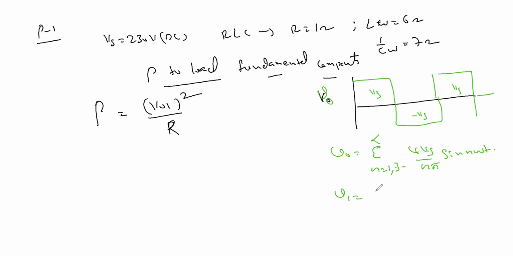This is instantaneous value, 4Vs by pi sin omega t. इसका RMS value, V01 is Vm by root 2. That's all. Get me this value: 4 Vs is 230, pi 3.14, 1 by root 2. Then you substitute here now R equal to 1 anyway, whatever value you get, that is the power delivered to it.